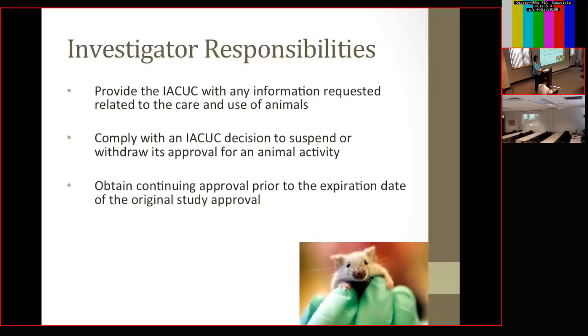You're also responsible for the staff and students in your lab that are working with the animals. So you have to ensure that anyone who's contacting live animals is appropriately trained and that they've been added to the IACUC protocol. You're also responsible for the animal records, and everything you do to the animal has to be documented, either in your laboratory notebook or on another form.